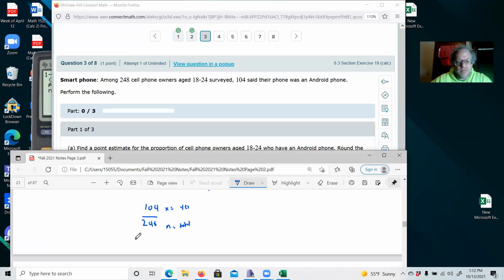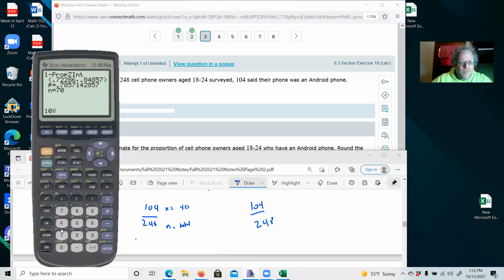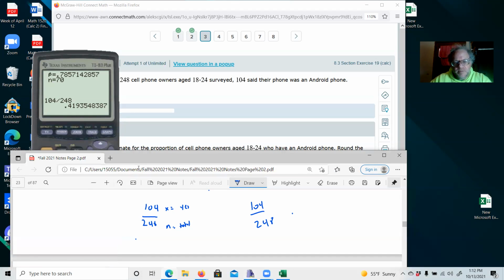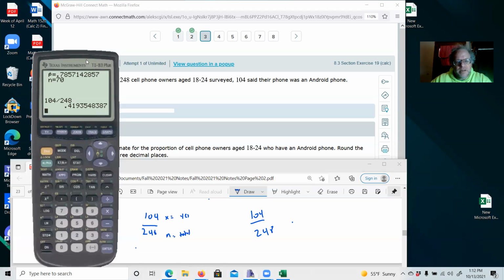Well, that's just going to be what I wrote down here. That's just going to be 104 divided by 248. Okay, done. Enter. How much do they want me to round by? 3 decimal places.